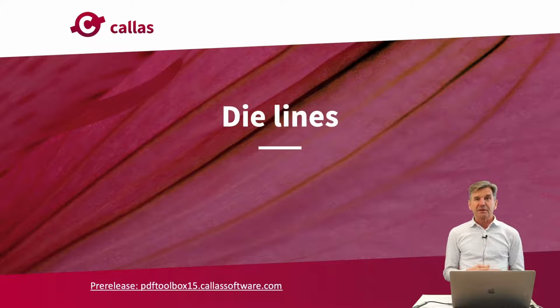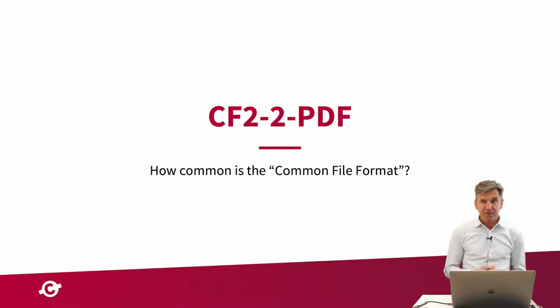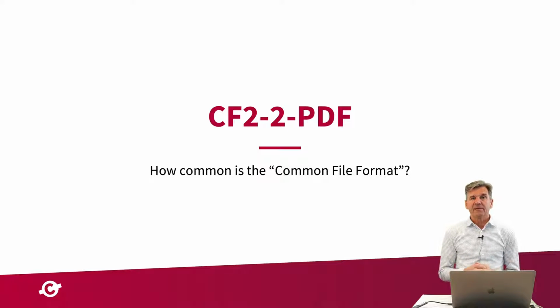So let's begin with die lines. First feature is about how to create a die line. There is a file format that was invented by some CAD software providers, and they agreed on a common file format for die lines.